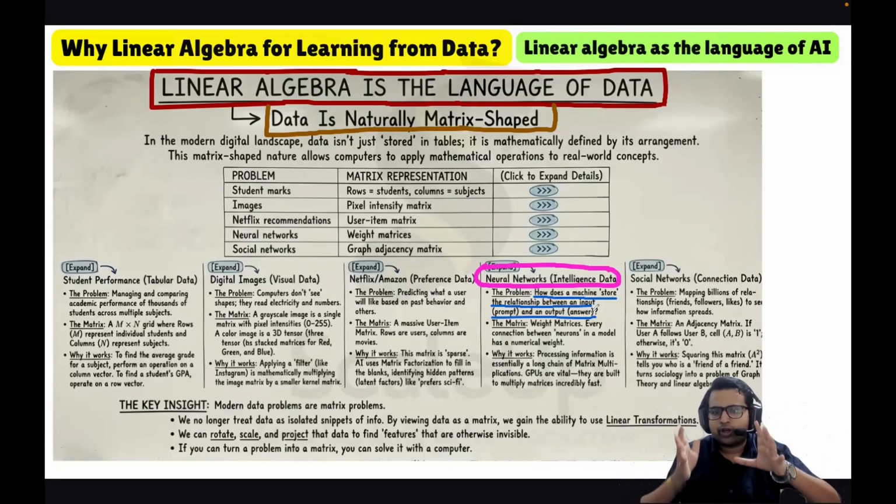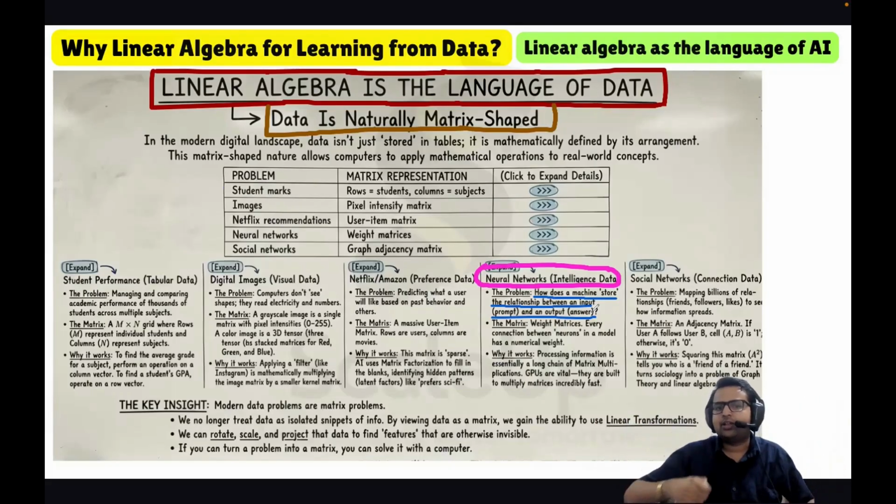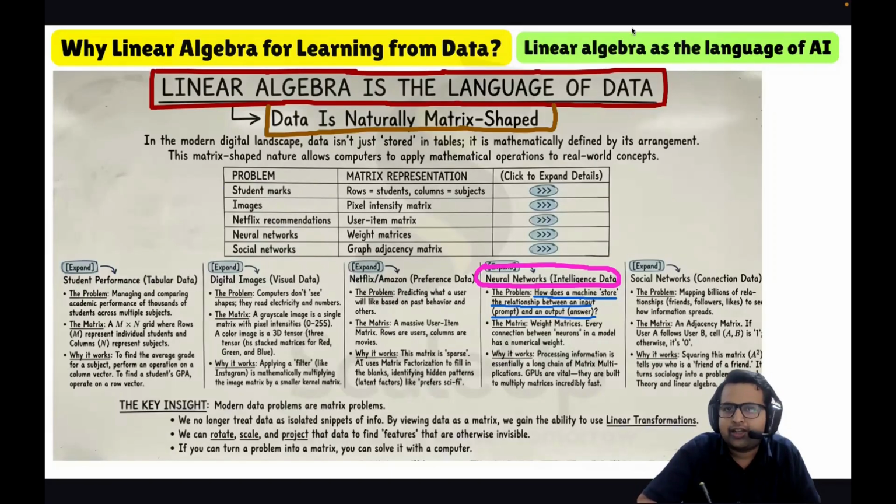So the neural network learns the relationship between the input and the output. It predicts the unknown function which can transform our input to an output. Now the problem is how it will store the relationship. To store the relationship, we make use of a matrix, the weight matrix.